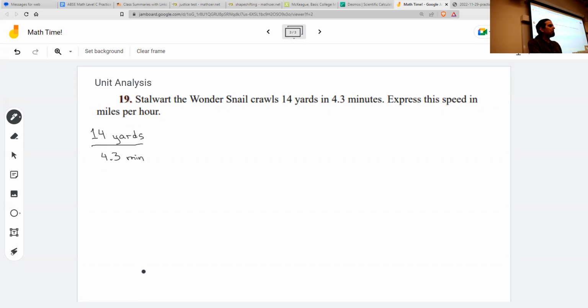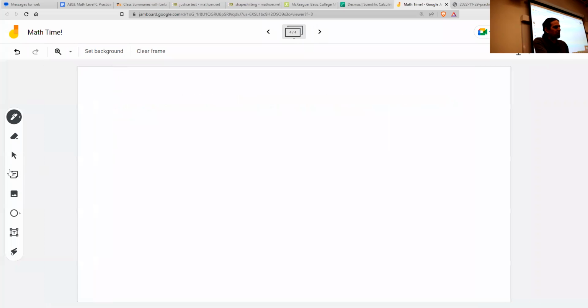Now, the secret to this process called unit analysis is that you can cancel words just like you can cancel numbers. So let me move to a new slide just as an example. If I do 2/3 times 6/8, I could multiply across the top separately and the bottom separately and get 12 over 24, but then I have pretty big numbers.